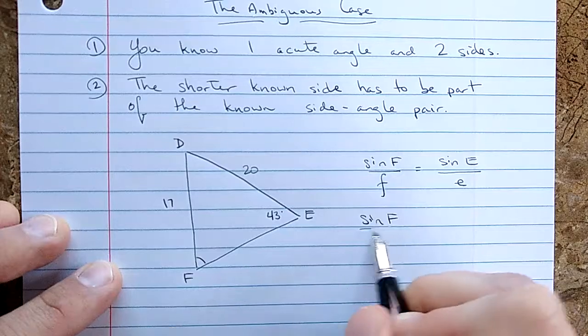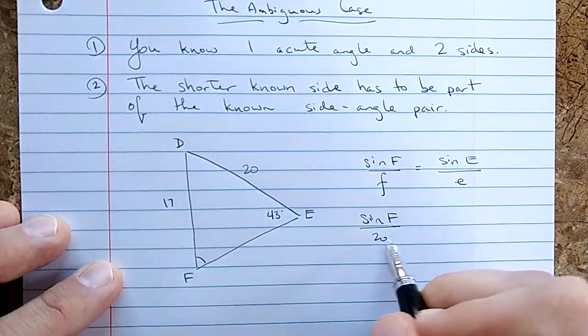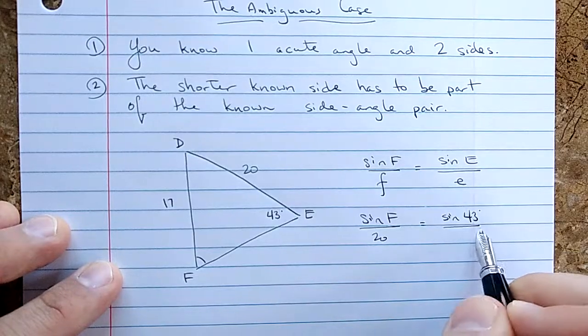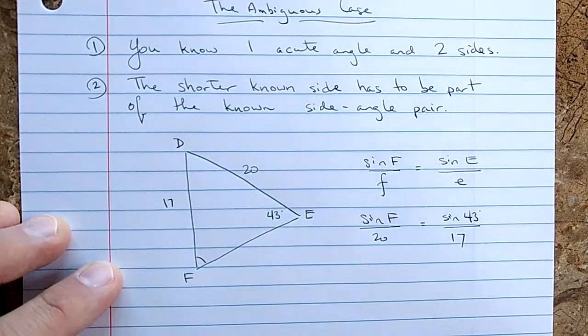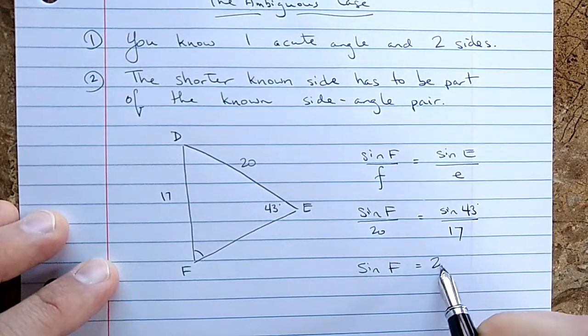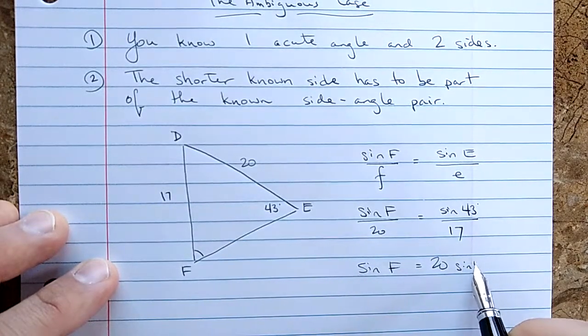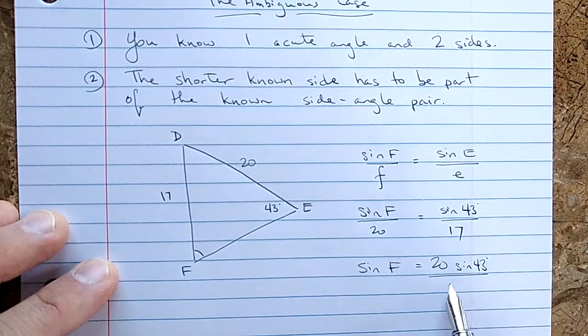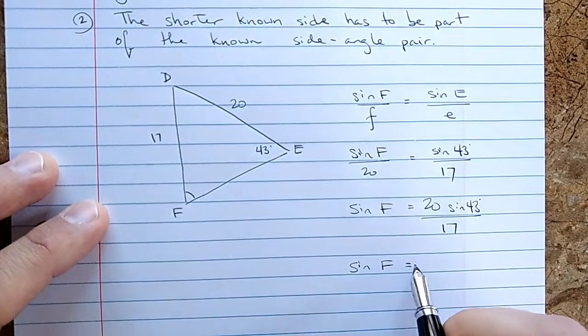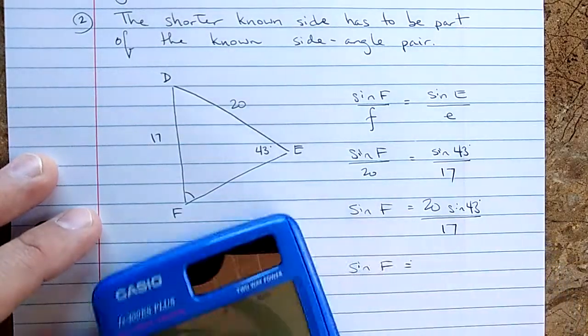Sine of F divided by 20 is sine of 43 divided by 17. Rearranging, sine F is 20 times the sine of 43 divided by 17. I'll write down an approximation. It's not strictly necessary, but I find it helpful.